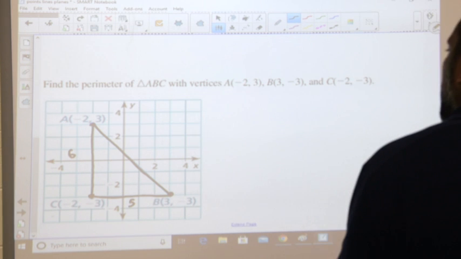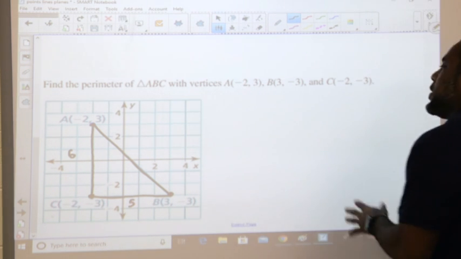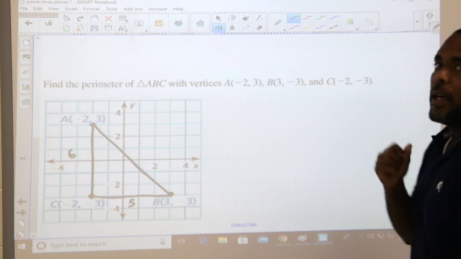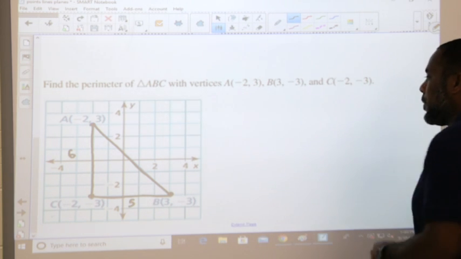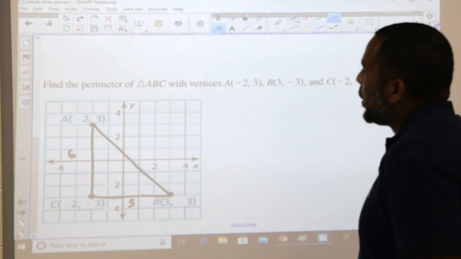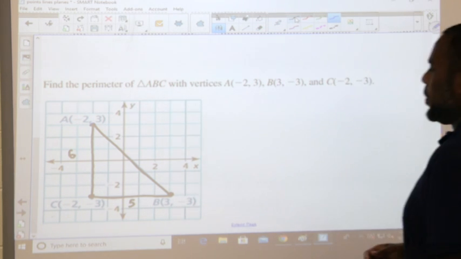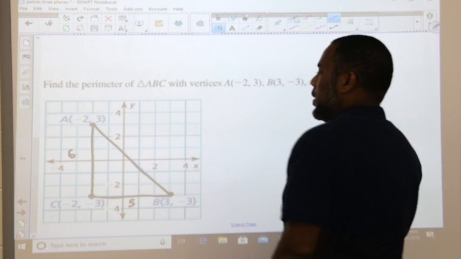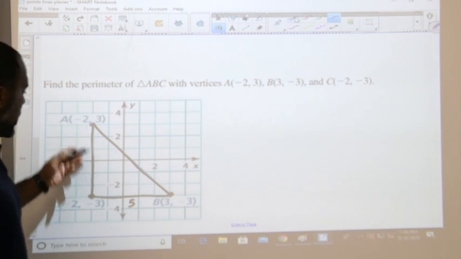We are looking for the perimeter of ABC with vertices A (-2, 3), B (3, -3), and C (-2, -3). To do such a thing, we're going to find each of these distances. Here, it's going to be a little bit simpler.